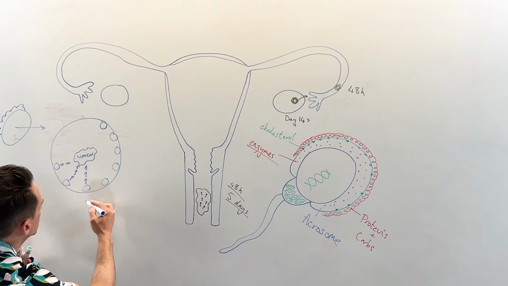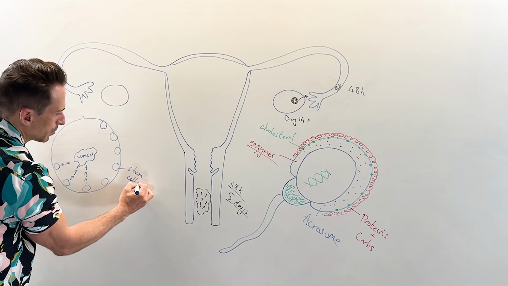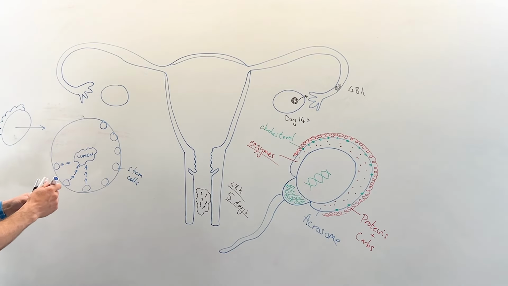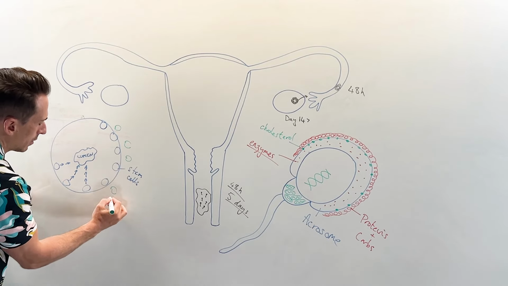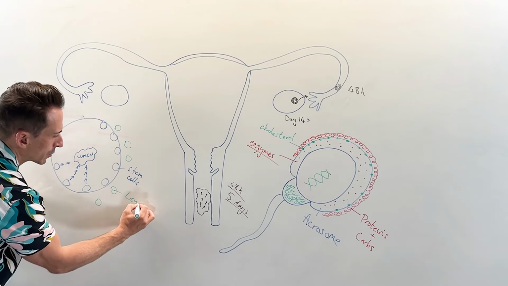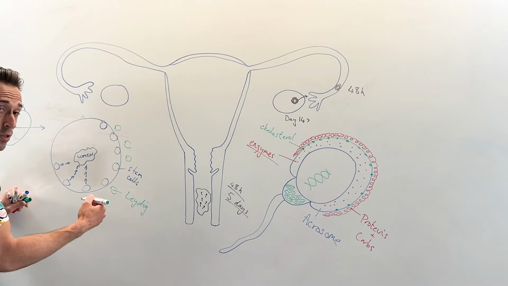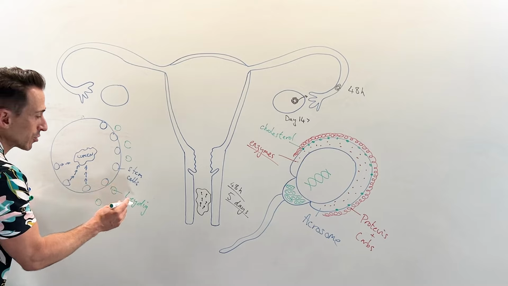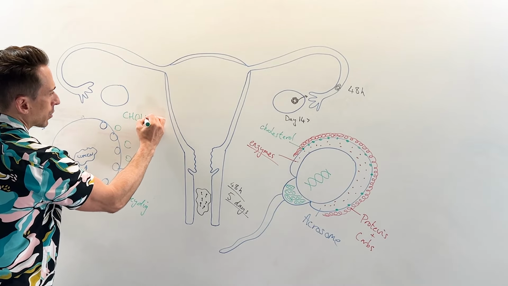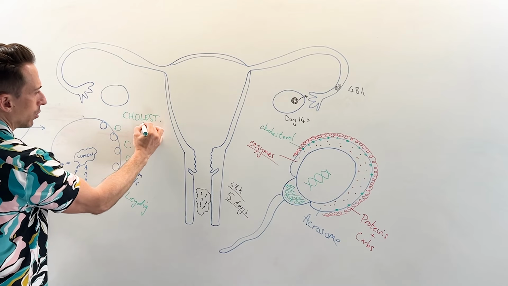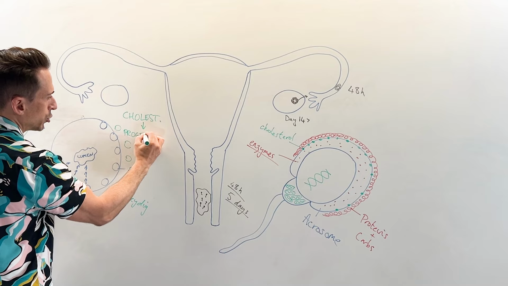Now, the process of taking these stem cells to turn into sperm, we need testosterone. And testosterone is produced by these cells that just sit on the outside here, which we call Leydig cells. So this is probably all stuff you've gone through before, but it's good recap. These Leydig cells produce testosterone. Now, they produce testosterone from cholesterol. So remember that cholesterol turns into progesterone.